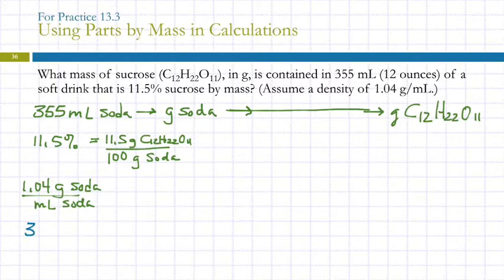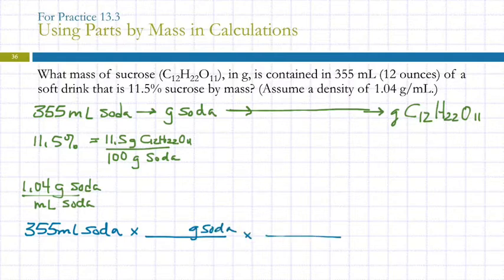So 355 milliliters of soda. I know it seems tedious, but if you write out all the units, it's so much easier. So I'm going from milliliters of soda to grams of soda. I have two arrows, so I'm going to have two conversion factors.